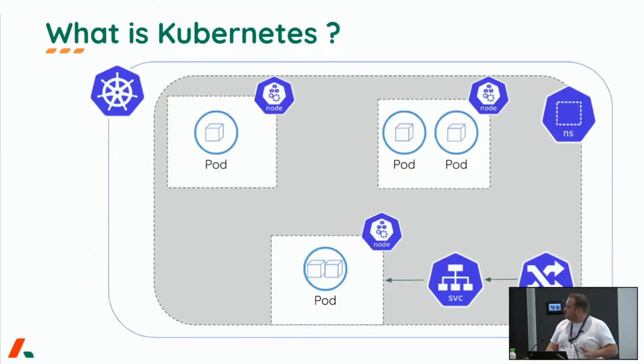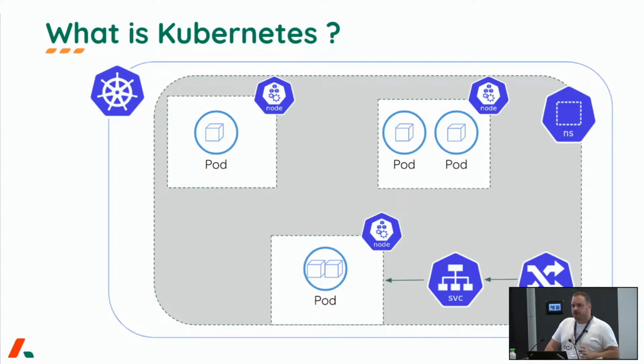Now, if we take a diagram to illustrate that, in fact, it's not very complicated. It's just a matter of containers running inside pods. A pod is just a logical Kubernetes entity. Those pods run on nodes, which can be a virtual machine, for example.